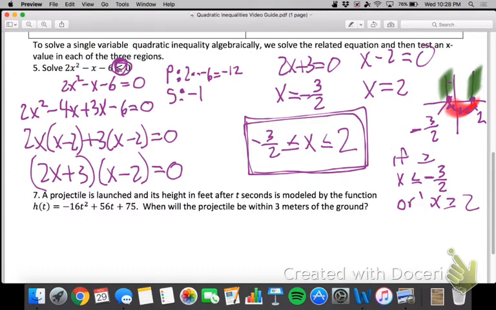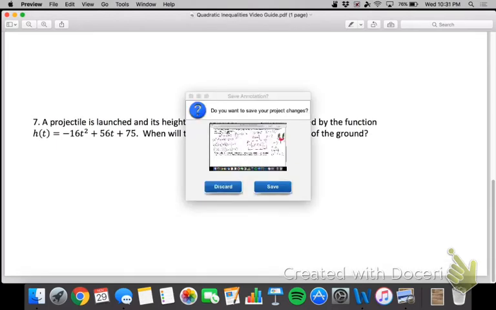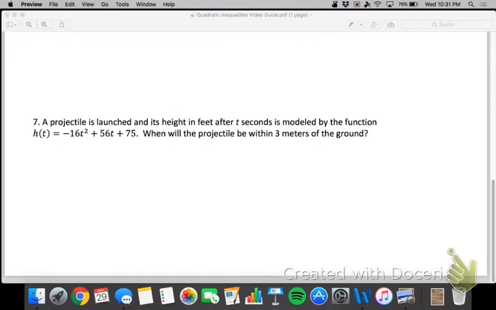Okay, so lastly, a word problem here. So we have a projectile, and we want to know when it's within 3 meters of the ground.